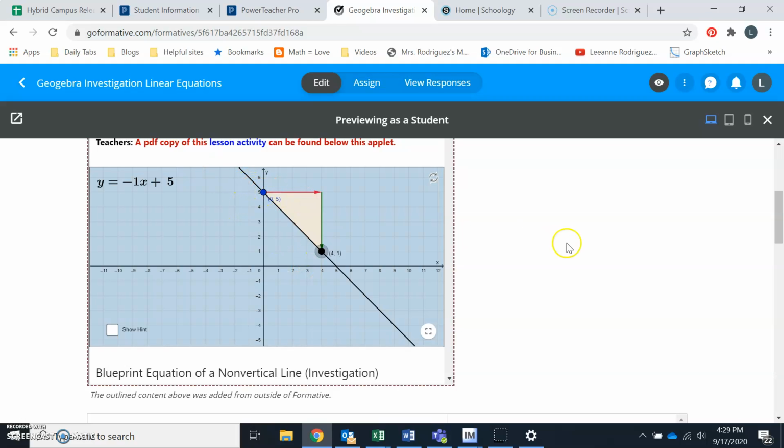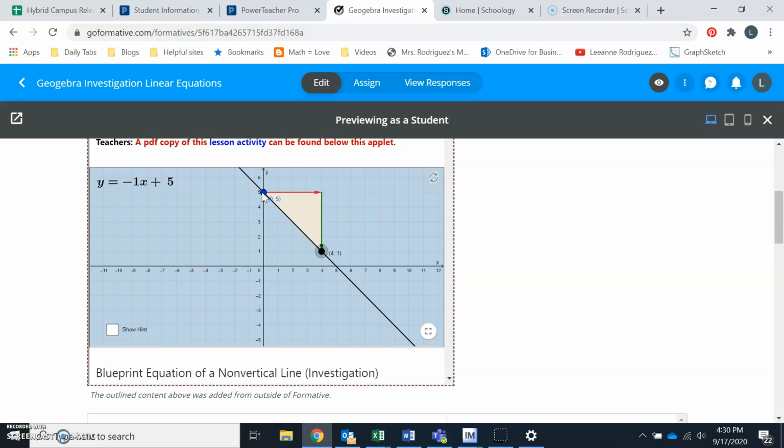Now we need to identify the slope. You may recall from Algebra 1a that the slope is the rise over the run, and we can count our slope by moving from the left point to the right point. So rise means that I have to count how much it goes up or down to get to the right point.